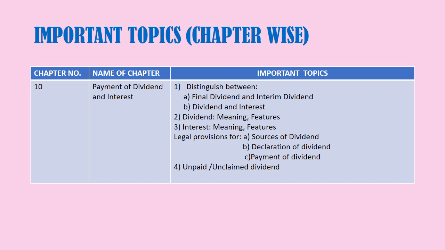Then we have dividend, meaning and features, and interest, meaning and features, which are for 4 marks each. Legal provisions for sources of dividend, declaration of dividend, and payment of dividend. Then one more important topic, unpaid and unclaimed dividend. From this chapter, probably we will have 4 marks questions.